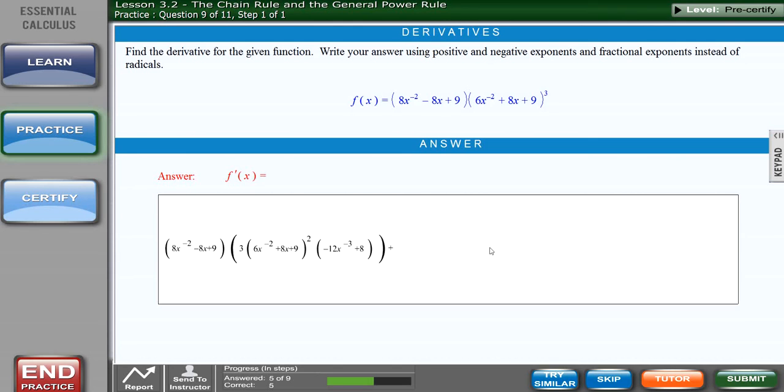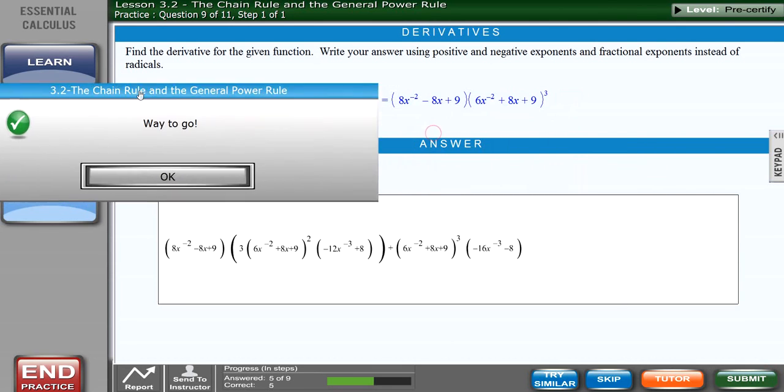Plus 6x to the negative 2 plus 8x plus 9 third first. Okay, they really need to come up with a copy and paste function in here, don't they? But yeah, it's really long, but the idea is simple. It's just first d second plus second d first. It's just that when you do d second here, you're doing the general power rule.